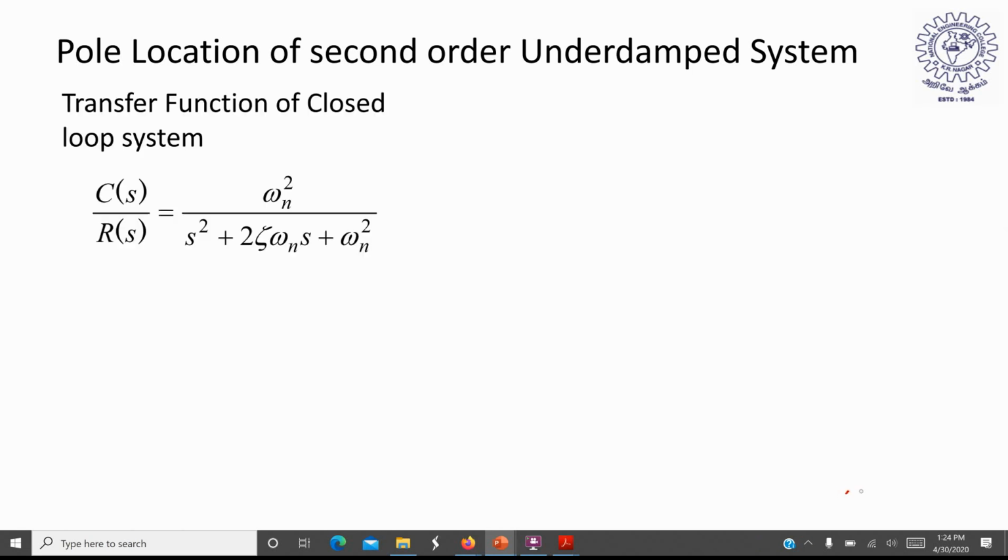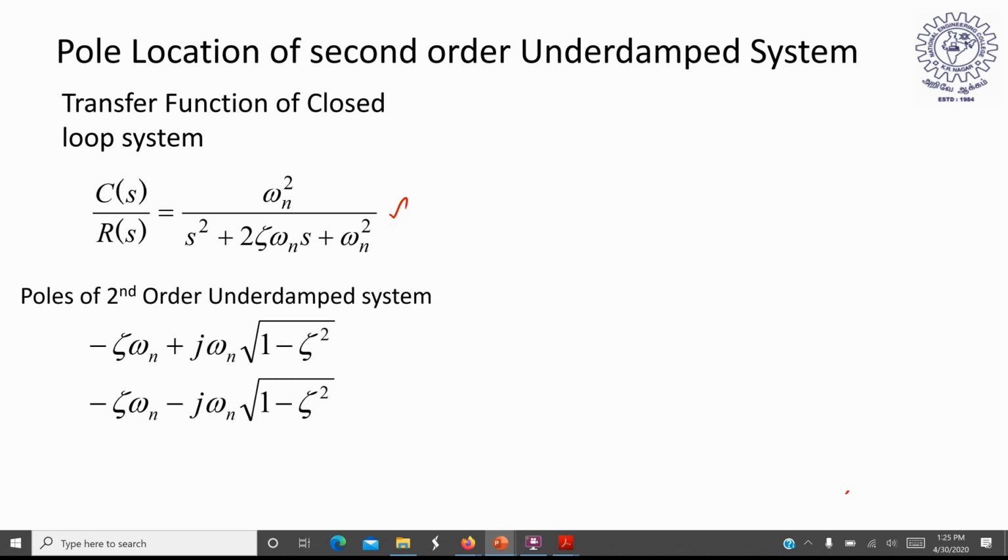So first we will see the pole location of second order underdamped system. We know well the transfer function of closed loop system is C(s)/R(s) equal to omega n square divided by s square plus 2 zeta omega n s plus omega n square, where omega n is the undamped natural frequency of the system and zeta is the damping ratio of the system.